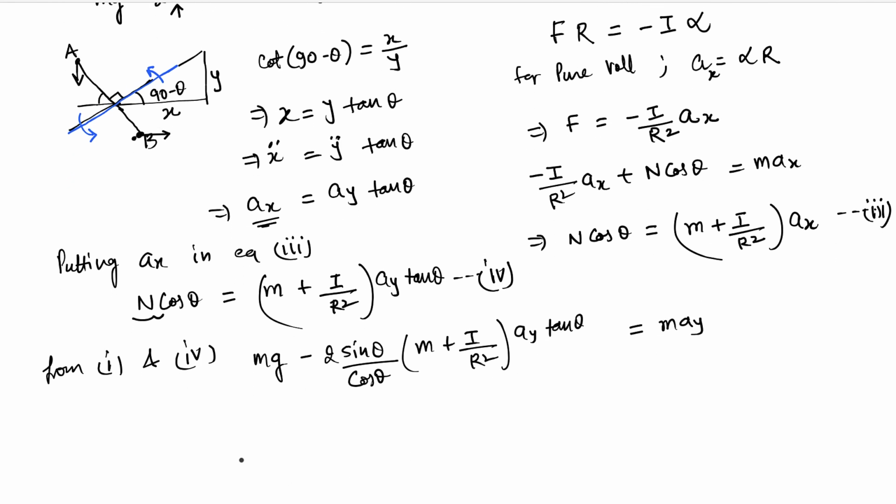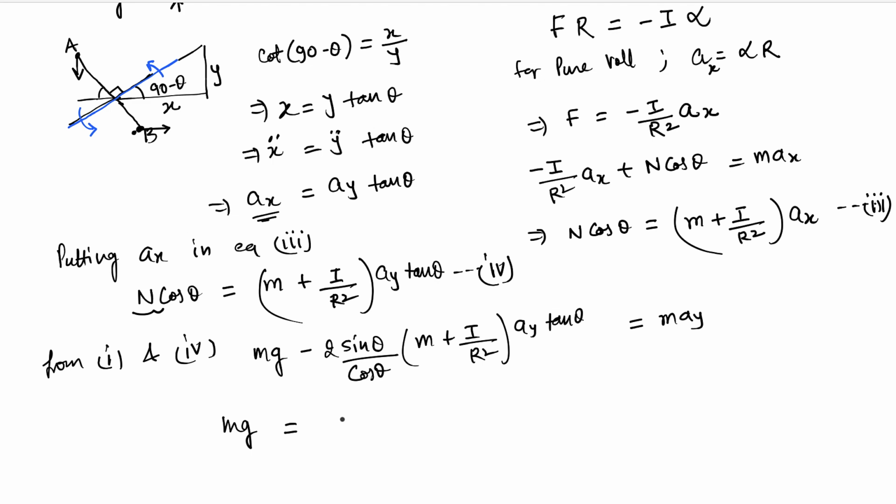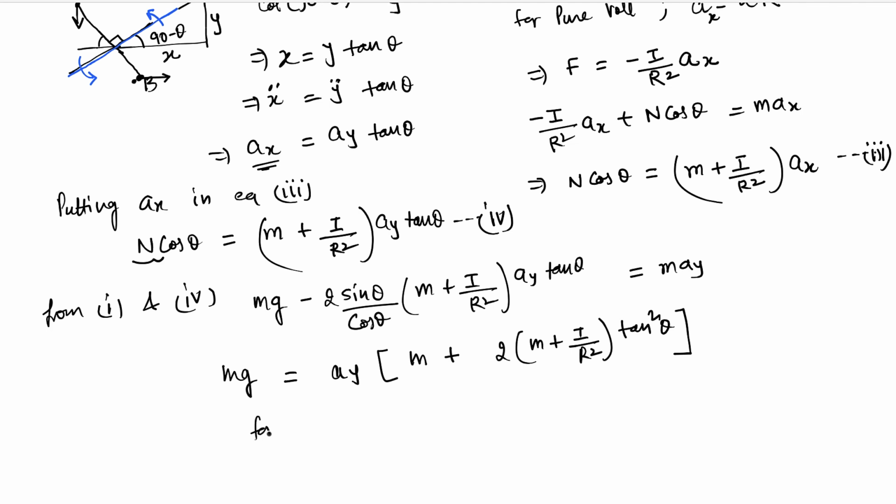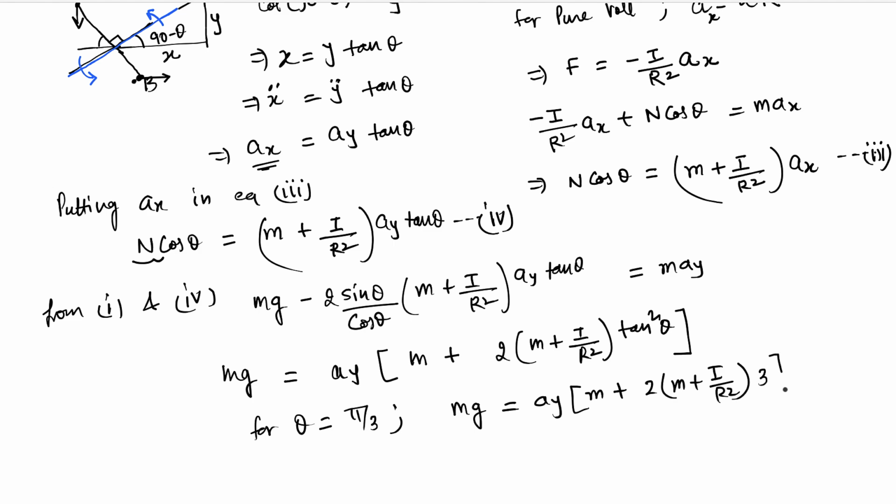may, right? So mg equal to ay, okay, so m plus 2m plus I by r square tan square theta, right? Therefore, for theta equal to pi by 3, we get mg equal to ay times m plus 2m plus I by r square times root 3 square, which is 3, right?